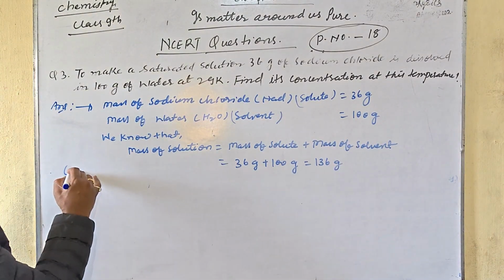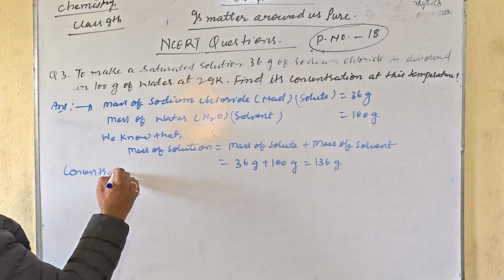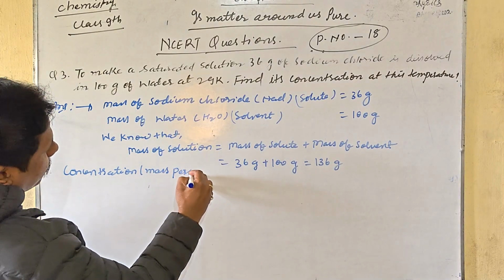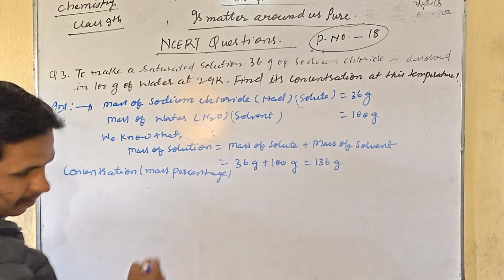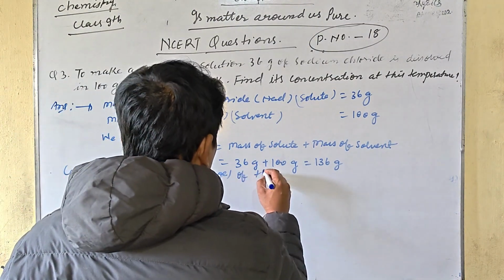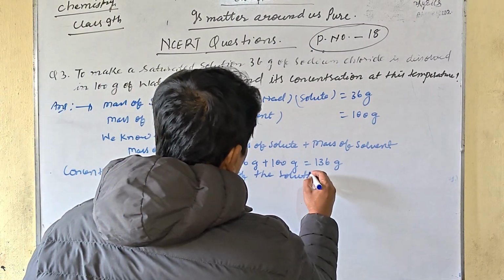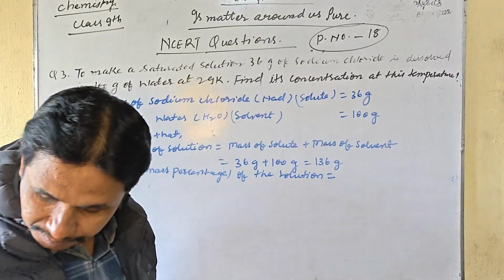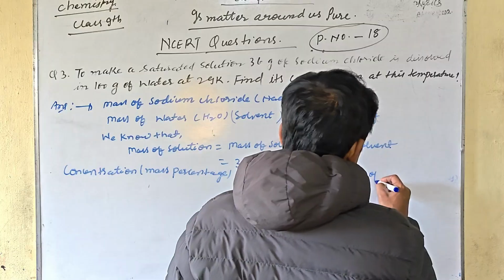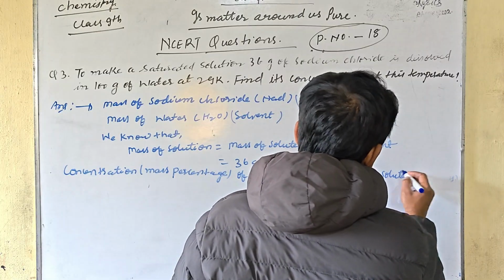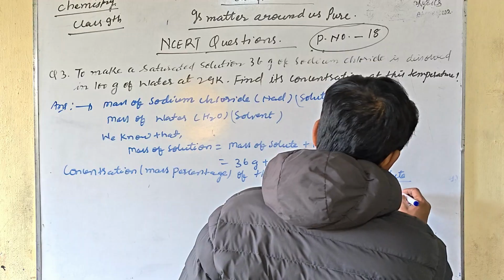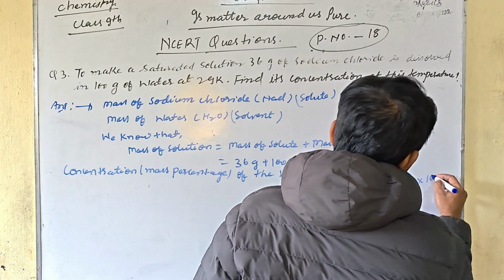Concentration, mass percentage of the solution, is equal to mass of solute by mass of solution into 100.